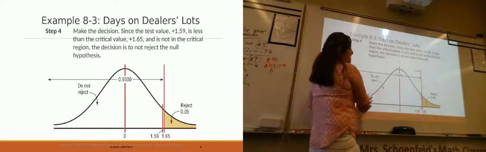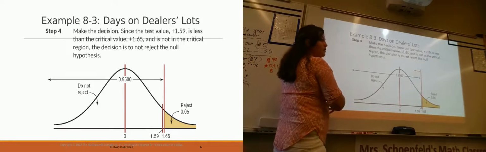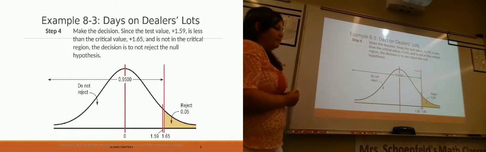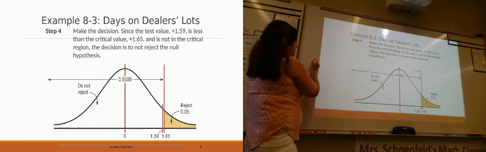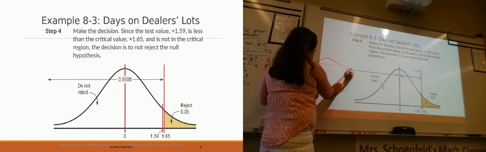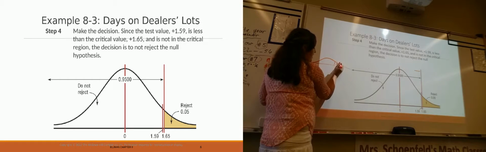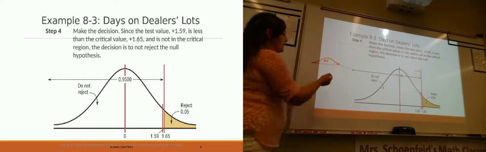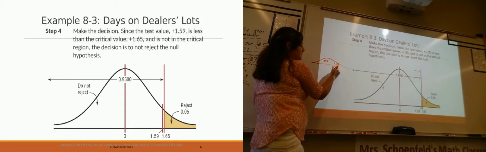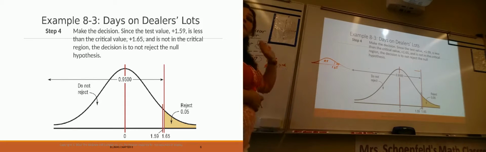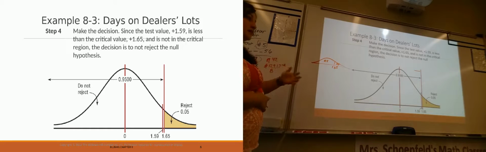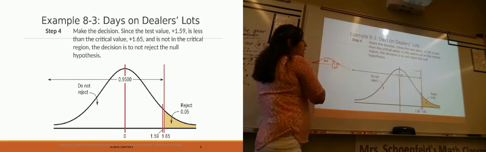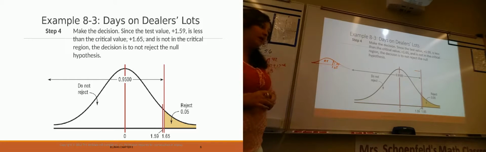Remember, if that z-score is within the 95%, then, in my little graph, I had 0.05 and 0.95. My critical z-score was 1.65, that it needed to be above to reject. So we just ask, is 1.59 greater than this? No, it would be over here. I'm not rejecting the null hypothesis.